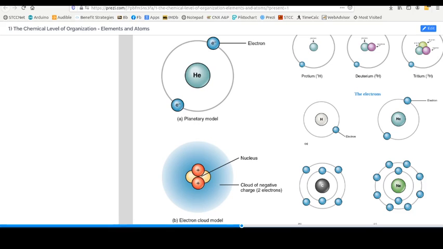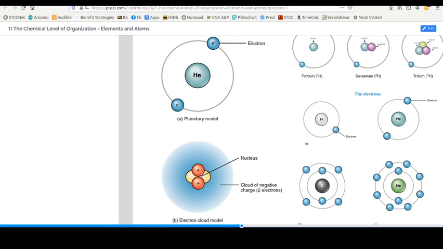One thing that was clear from early experiments, and a scientist named Rutherford was instrumental in this, was that the atom actually has different particles within it. There's obviously a very dense central part called the nucleus, and then there were some other things outside of that that were less dense.